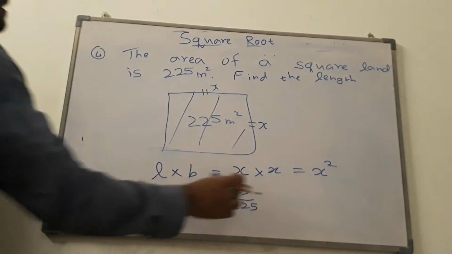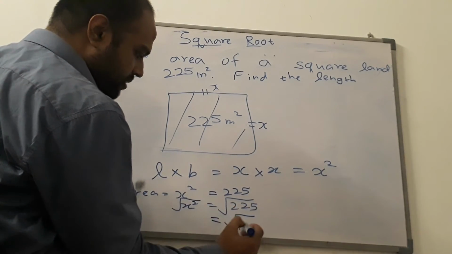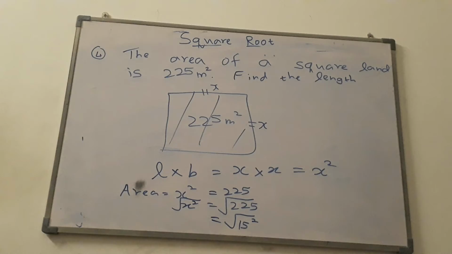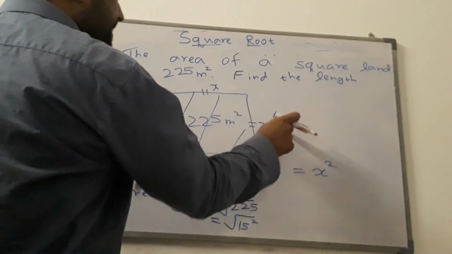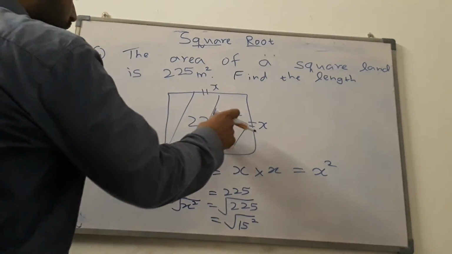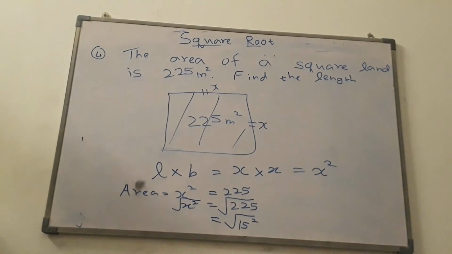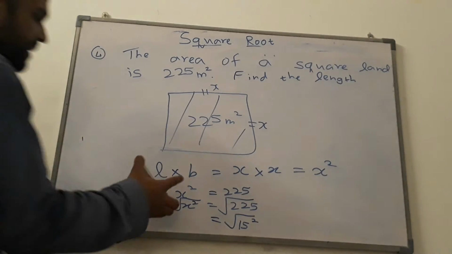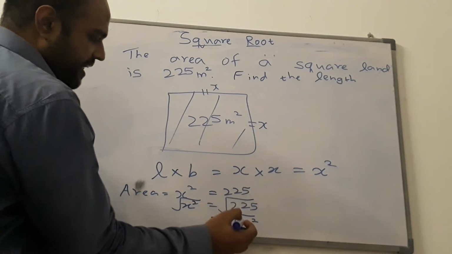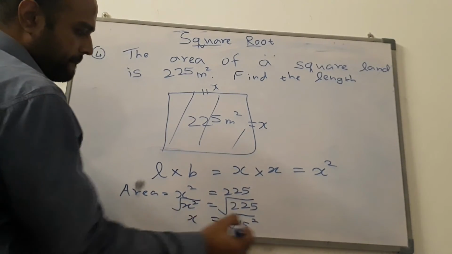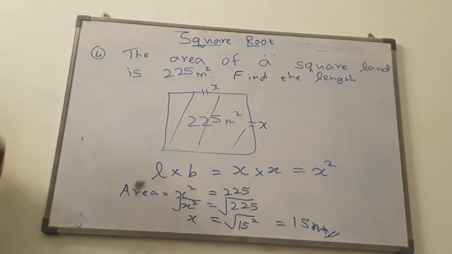Square root of x squared means square root of 225, and square root of 225 means square root of 15 square. So x squared is equal to 225, and the square root of x squared means square root of 225. 225 can be written as 15 square. So the answer is 15 meters.